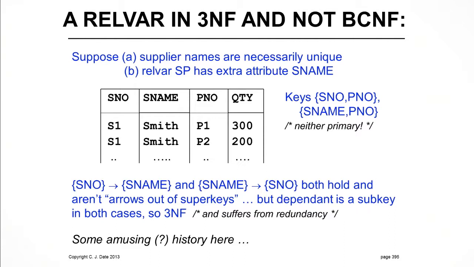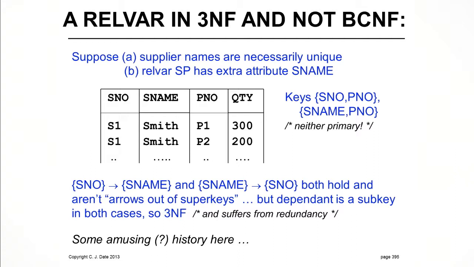Furthermore, let's suppose that we carry that supplier name attribute in the shipments relvar. We have supplier number, supplier name, part number, and quantity. Well, do you see that there are two keys here? Supplier number and part number is a key, and supplier name and part number is a key. Right? There are two keys in this relvar.